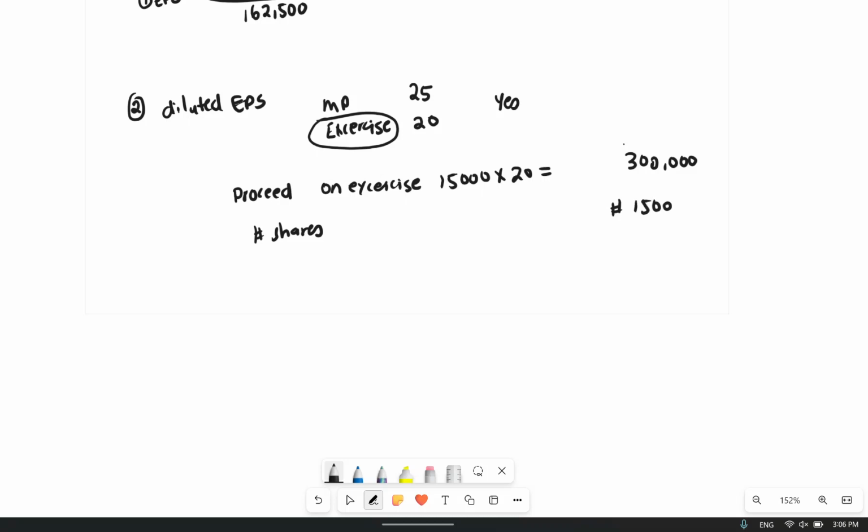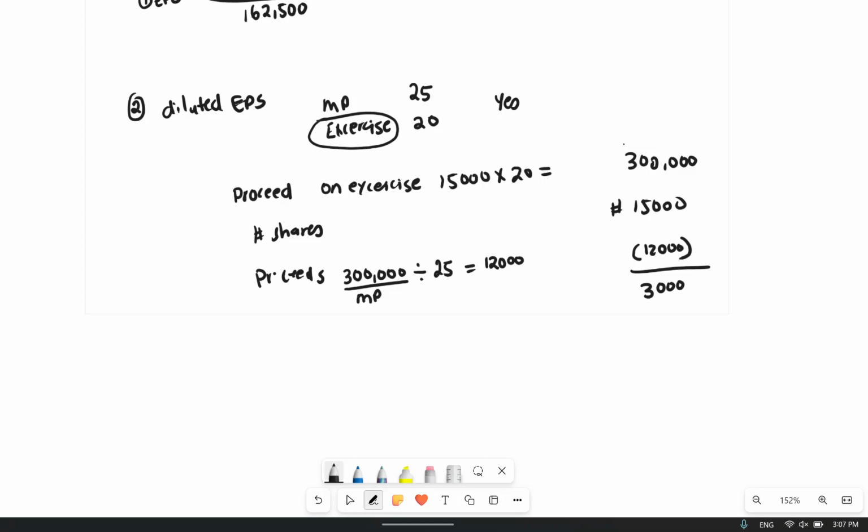Then with the proceeds we received, we needed to buy back our own shares. So the proceeds we received, 300,000, divided by the market price of 25, will give me 12,000. So the company will buy back 12,000 of its own shares. The company will do that, minus the 12. So the incremental shares will be 3,000.